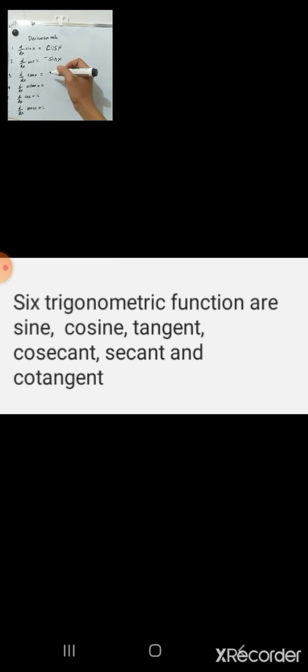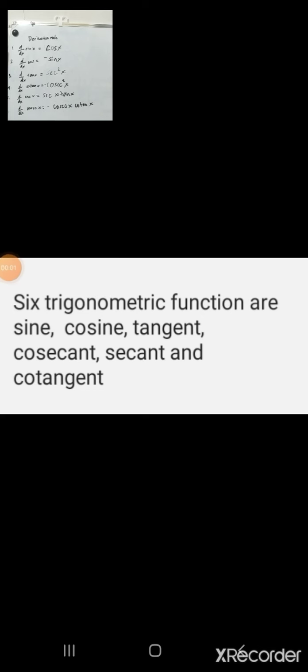Number 3, the derivative of tan x is sec squared x. And number 4, the derivative of cot x is negative cosec squared x. And of course we have the derivatives of sec x and cosec x. These are our derivative rules.